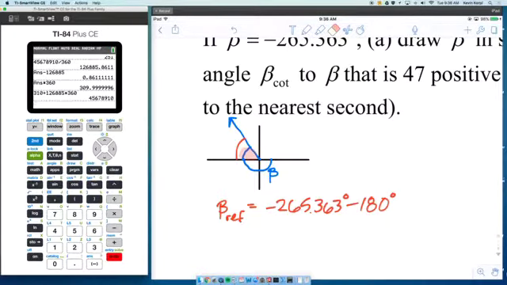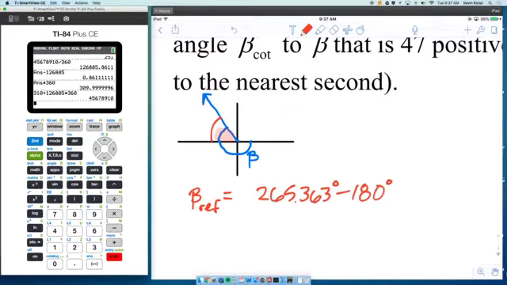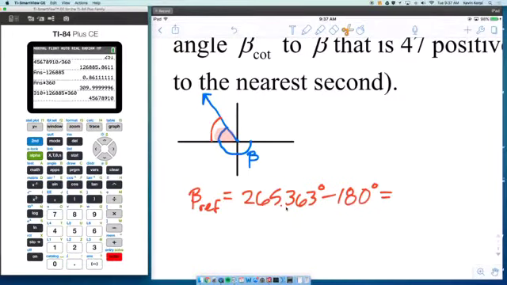Now that we know the negative put us into quadrant 2, if we just work with the absolute value of the angle, which is the positive 265.363, then I can subtract 180 and get what's left over. So there is that little extra that you have to do. I do want to see this written down. This indicates your method. It shows me how you're finding your answer. So we'll say positive 265.363 minus 180.